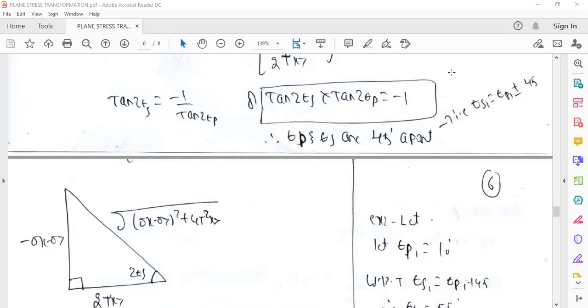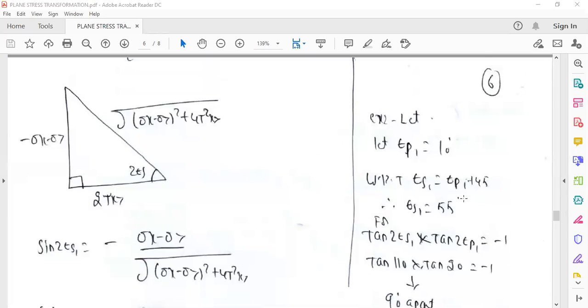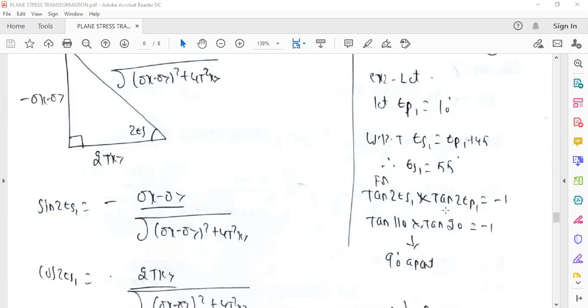I have taken theta p1 as 10 degrees, and theta s1 has to be 55 degrees according to the formula. For two lines to be mutually perpendicular, the angle between them should be 90 degrees. One is 110 degrees and the other is 20 degrees. For it to be 90 degrees apart, the product should be equal to minus 1. Therefore, theta s1 and theta p1 are 45 degrees apart. Have you understood this?